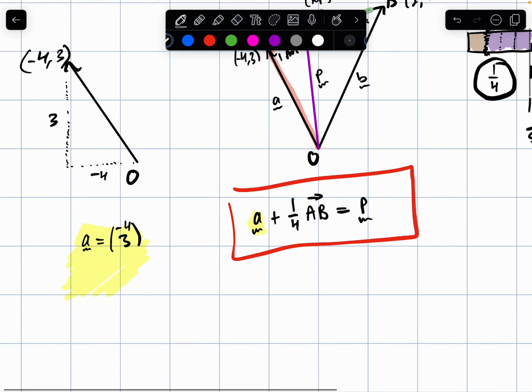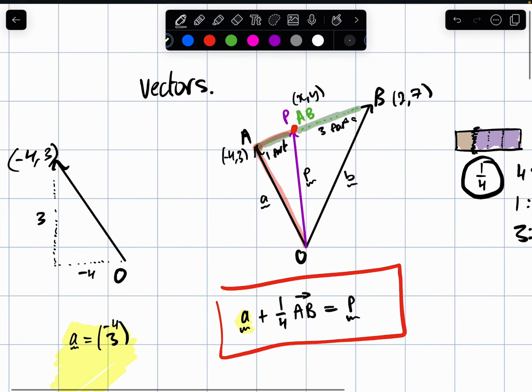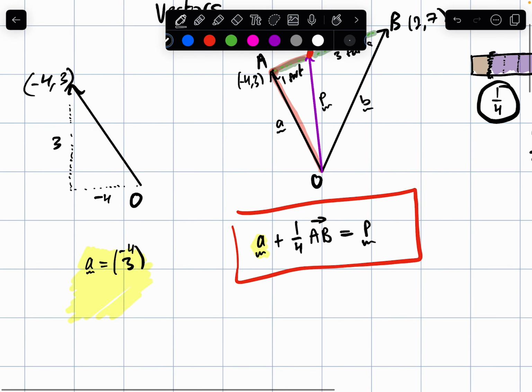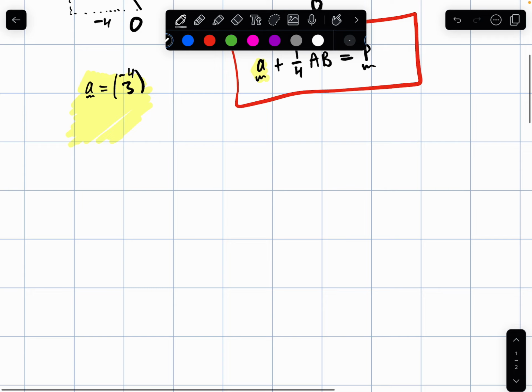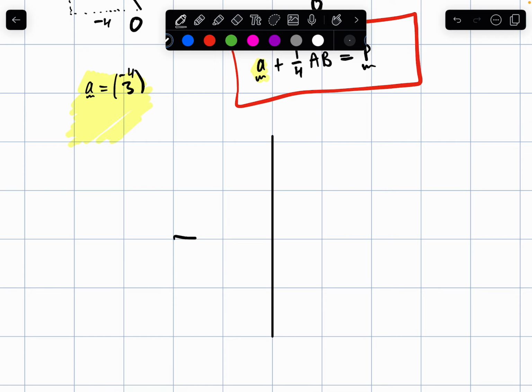And then for our vector AB, this is where it gets a bit more complicated because we haven't been told AB. But I want you to picture a graph here. Let's go to 8, 1, 2, 3, 4, 5, 6, 7, 8.